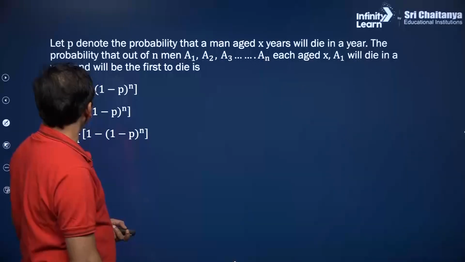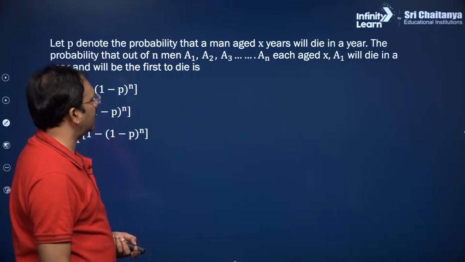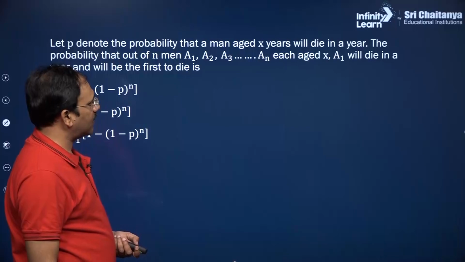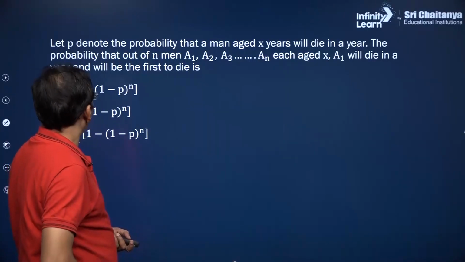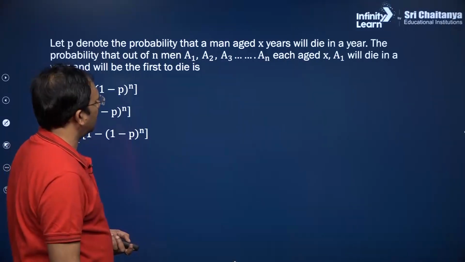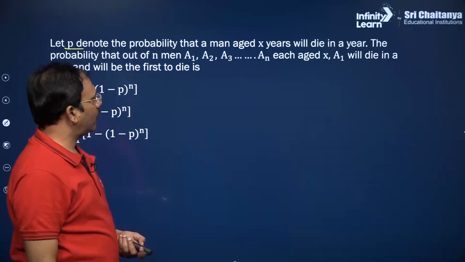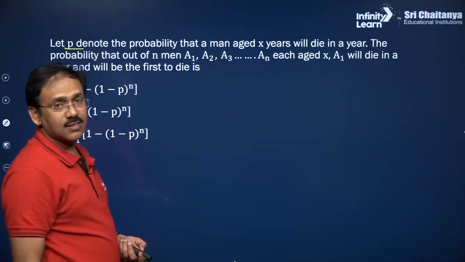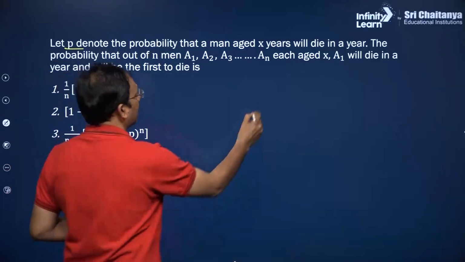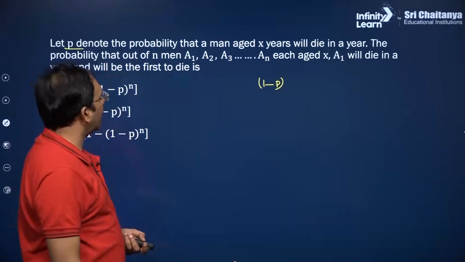Next, you see, P denotes the probability that a man aged x years will die in a year. The probability that out of n men each aged x, A1 will die in the year and will be the first to die. That means, my dear friends, P is the probability for a man to die, so success means P, and the not-dying probability is 1 minus P. Suppose there are n people.